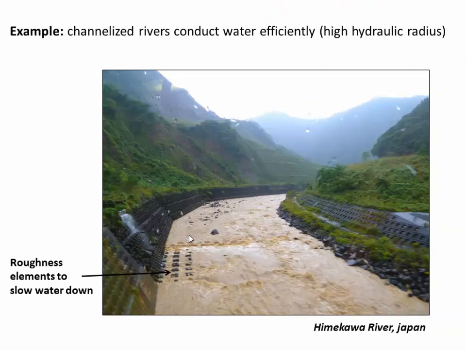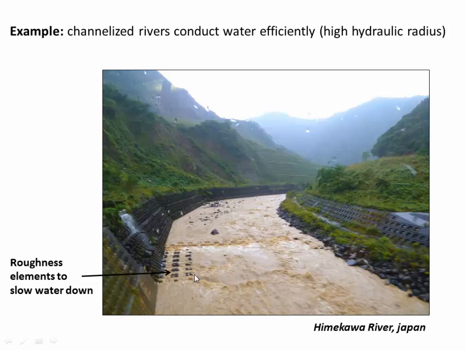So many times channelized rivers are designed to conduct water very efficiently. Got a nice rectangular channel here, should move water really quickly downstream. And obviously no lateral erosion here. Now that's fantastic, except in many cases when that water doesn't have a chance to dump the energy, it just gets going too fast, and that energy is going to get dumped into the next reach downstream.